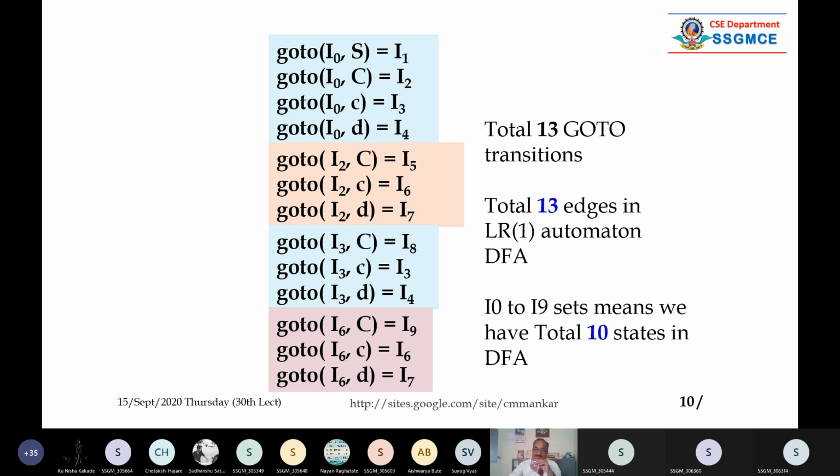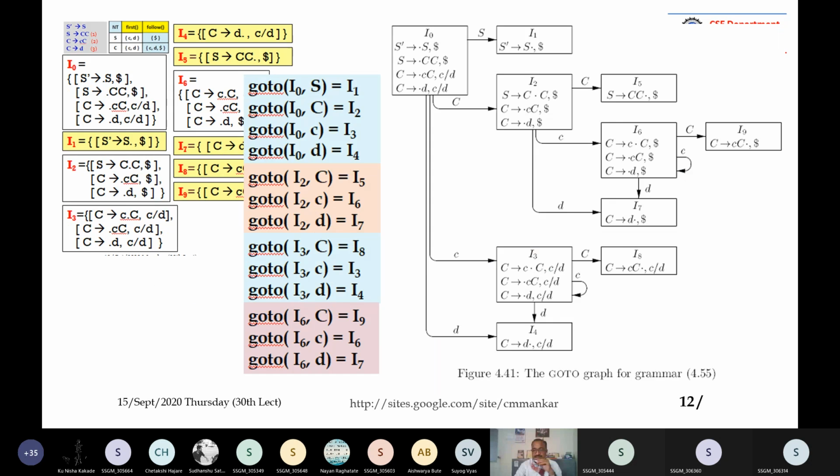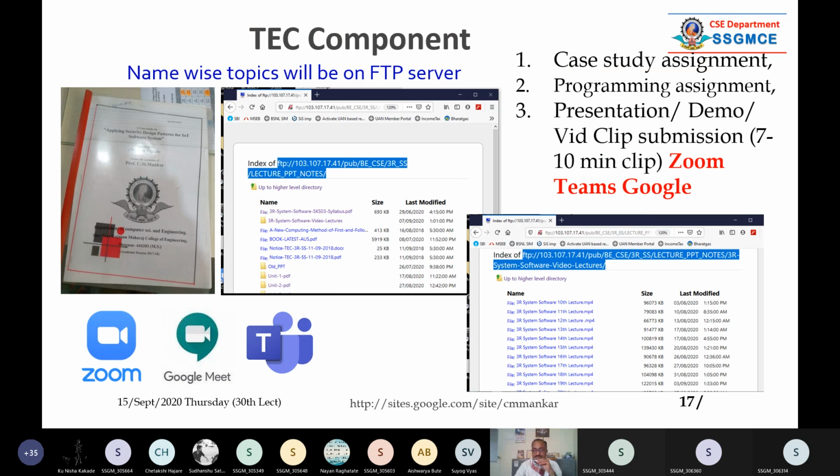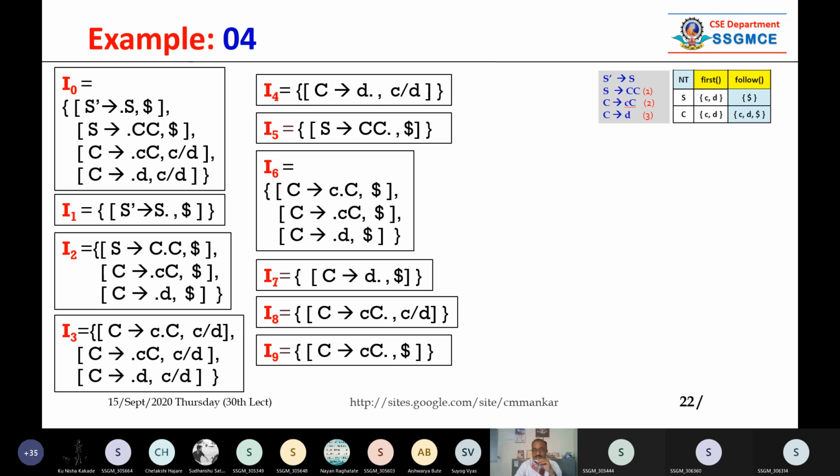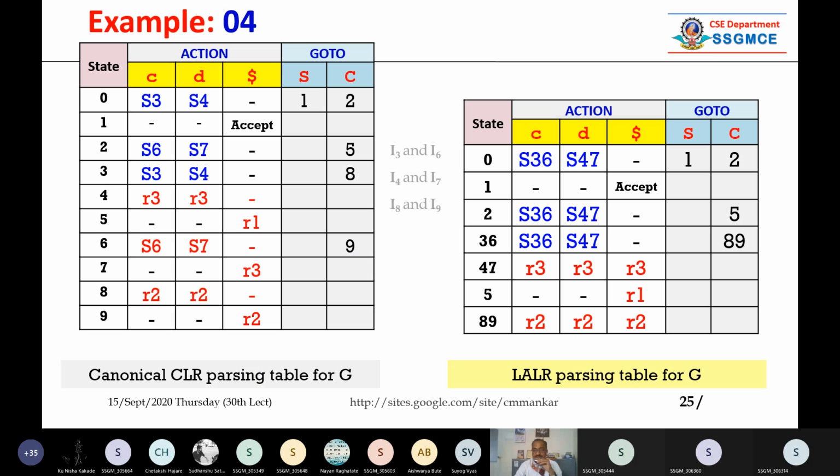Here I3 is there, I6 is there. You have to merge them, and you will get new transitions. So in this way you can construct the DFA diagram for the LALR parser also, but it is rarely asked. Normally they don't ask it in the exam.